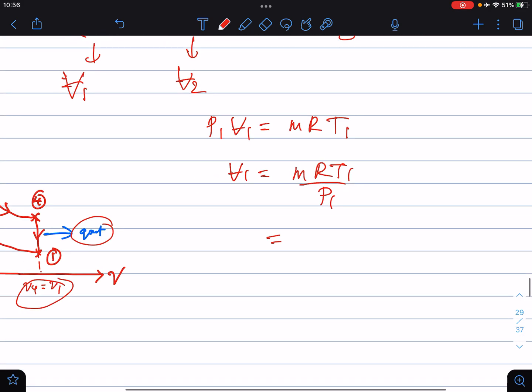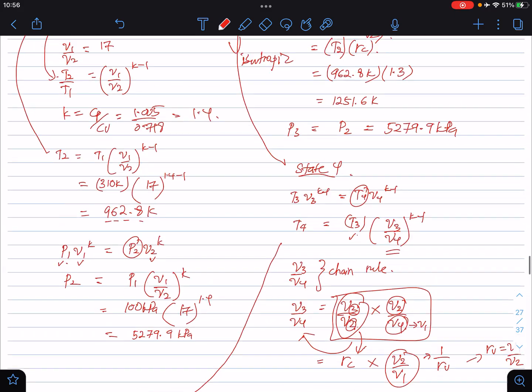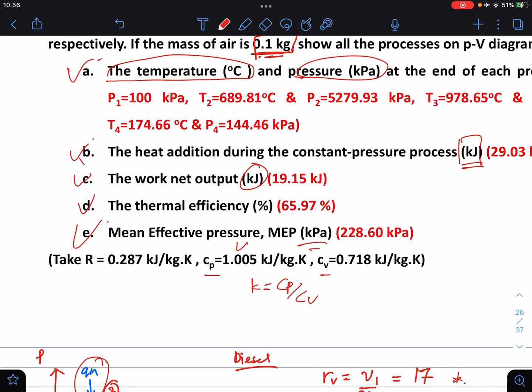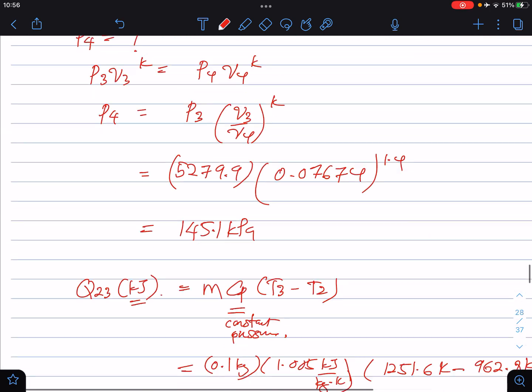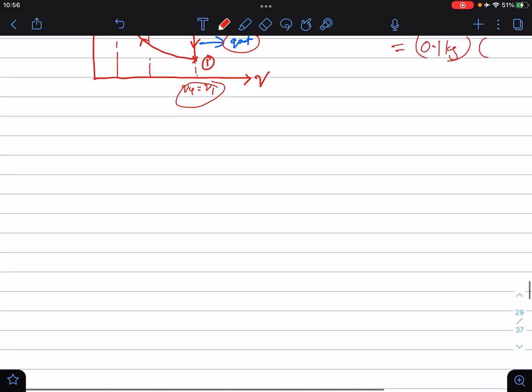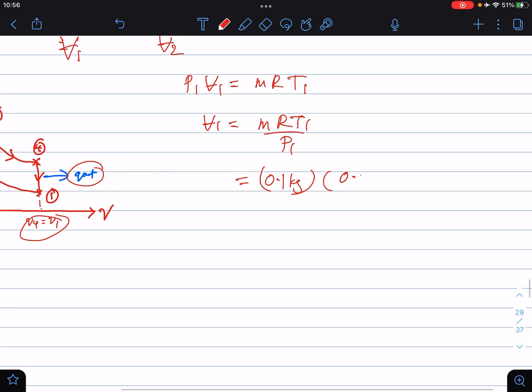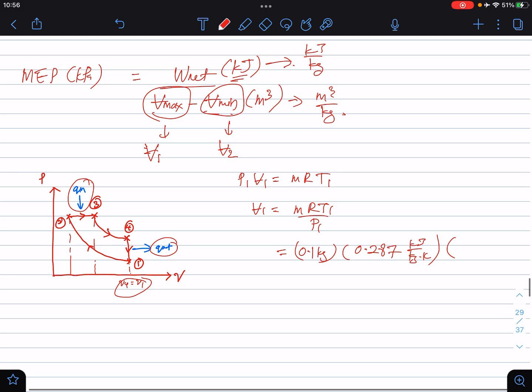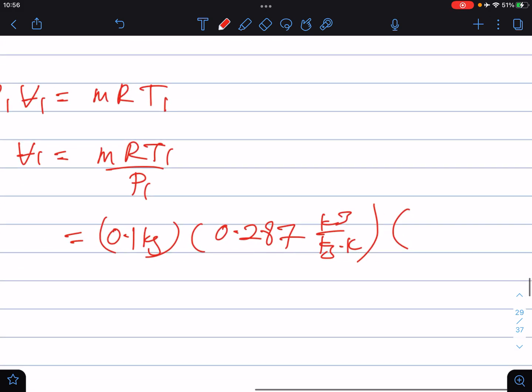So your m is 0.1 kg. Your R for air, you can look back at the information given here, or you can look at the property tables. The value is 0.287 kilojoule per kg Kelvin. Your T1 is 310 Kelvin.